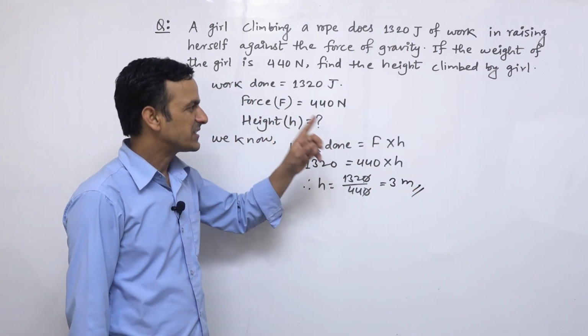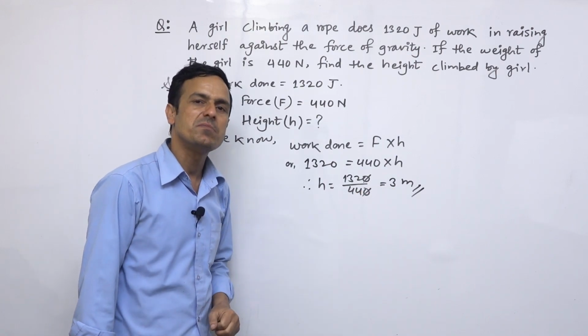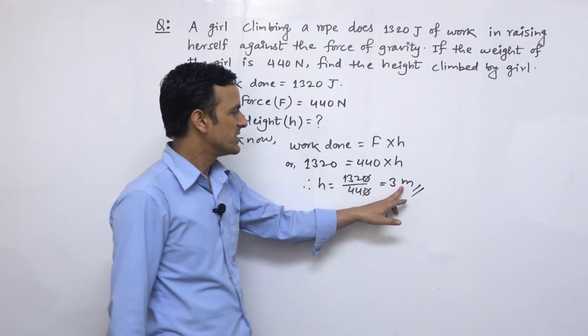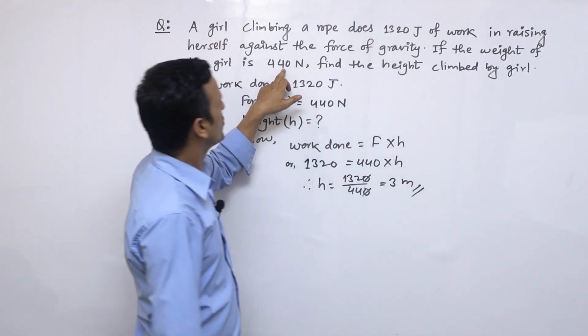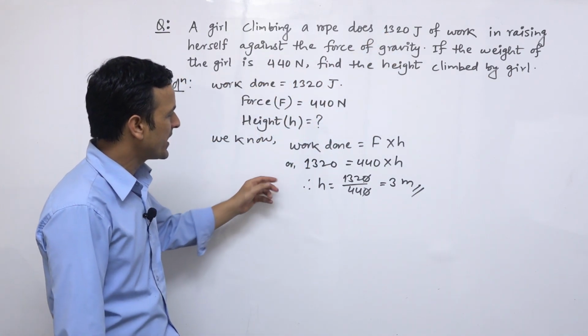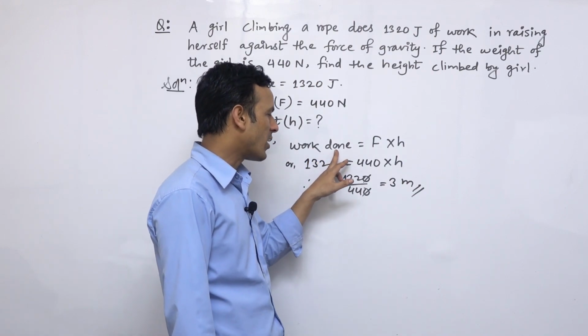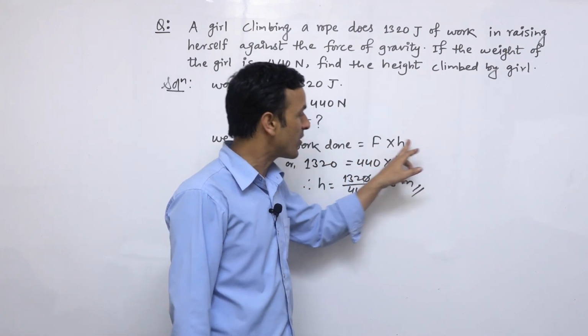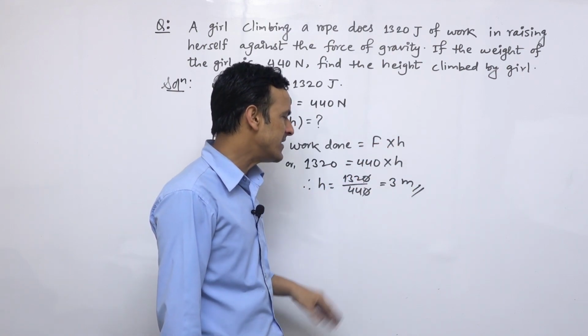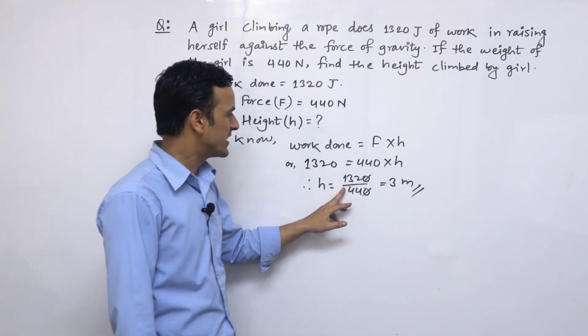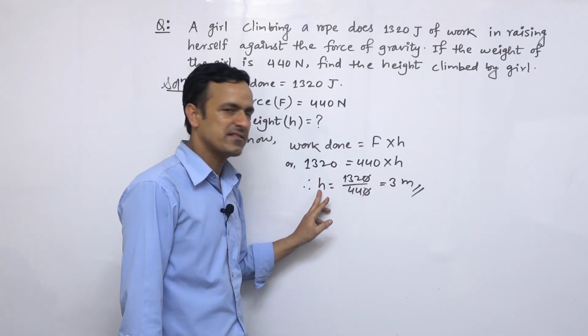So the height climbed by a girl is 3 meter. तो गर्लले 3 मिटरको हाइट चाहिँ क्लाइम्ब गर्न सक्छिन् यति वर्क र यति वेट छ भने. So in this way we can use the formula of work done, which is F into S or F into H. That is same thing. So apply this formula, and after substituting we get the value of H.